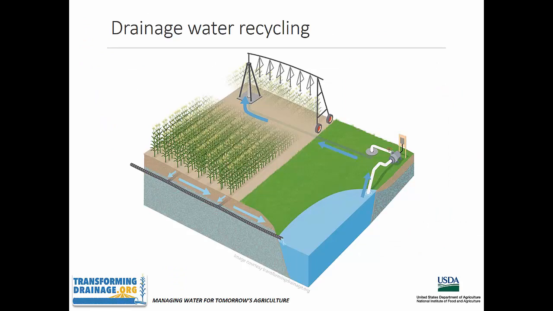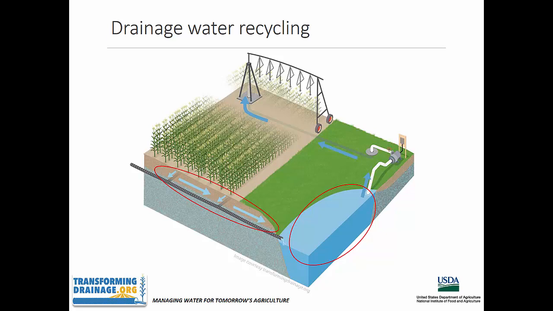Now, the practice of drainage water recycling represents a new vision of managing water in tile drain landscapes and has the opportunity to provide those water quality benefits for both nitrogen and phosphorus. Under this type of drainage system, water being transported from the field through subsurface drains is directed towards an on-farm water storage, such as a pond or a reservoir, where it is temporarily stored.